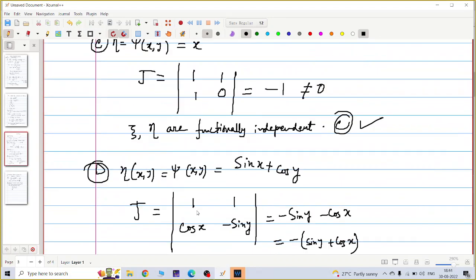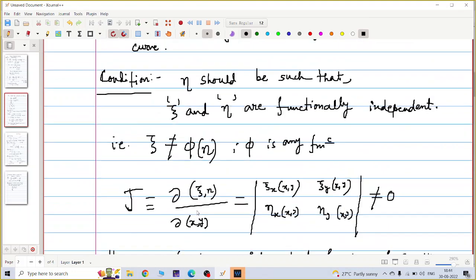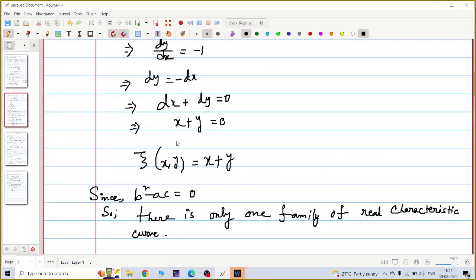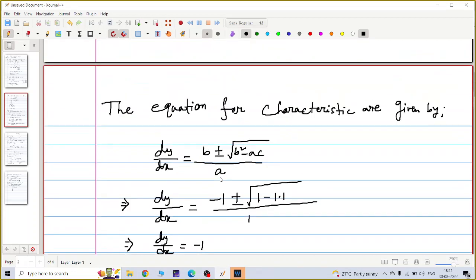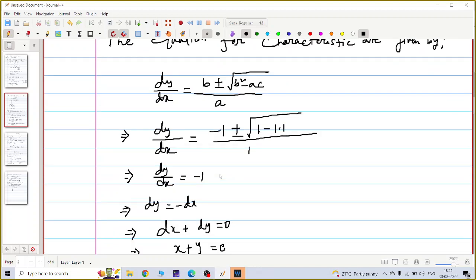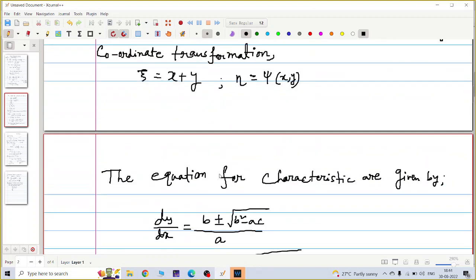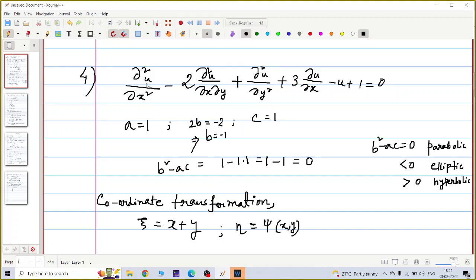Like in my case, what I did is that I found x plus y equal to c. This is my phi. Phi is my x plus y, right? So I can differentiate this phi and get this equation, where my discriminant is 0. Then I can write the PD. I can write any PD.